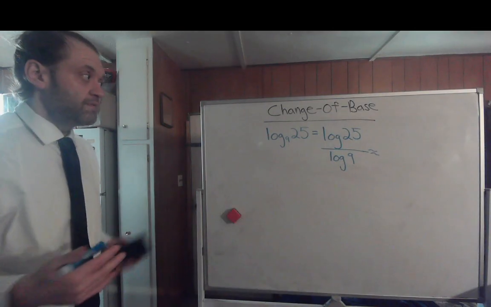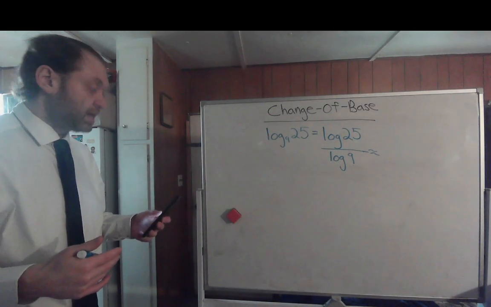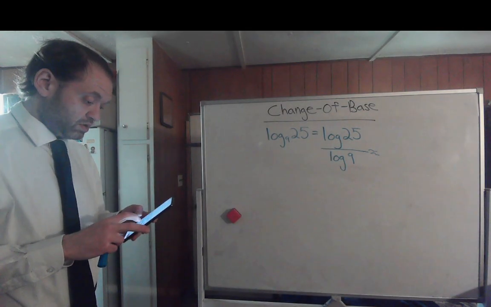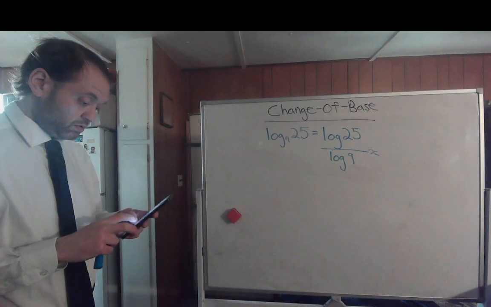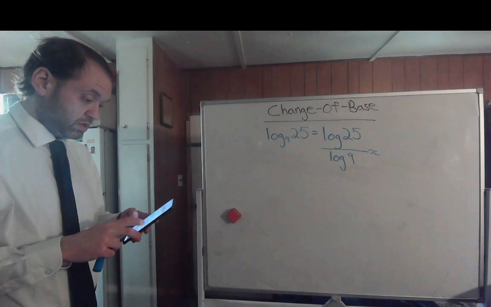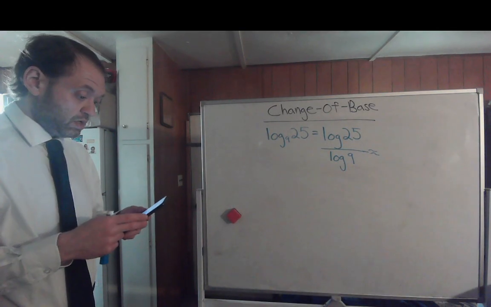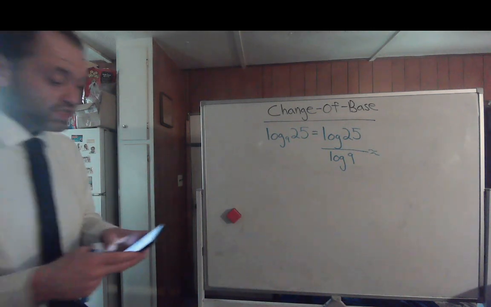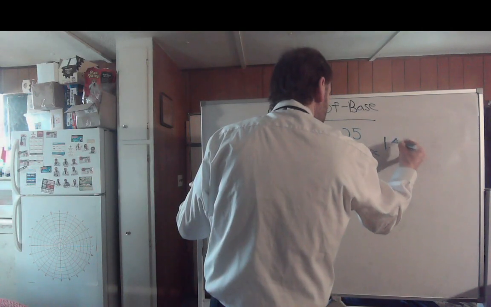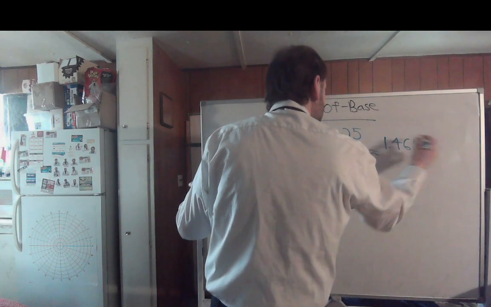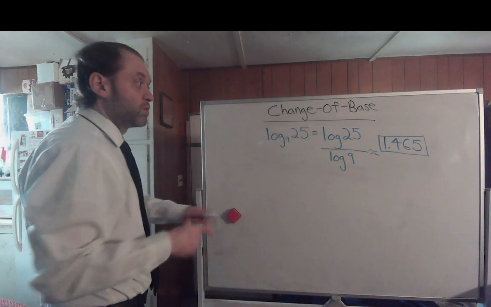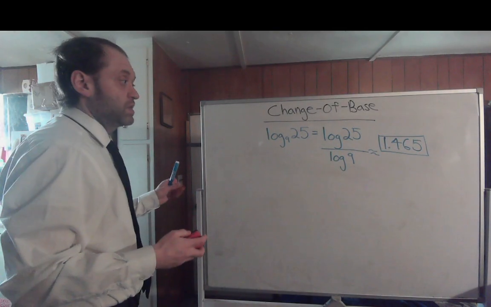So let's go ahead and find ourselves a decimal approximation. We get about 1.465. So to 3 decimal places, this would round to about 1.465 for our answer.